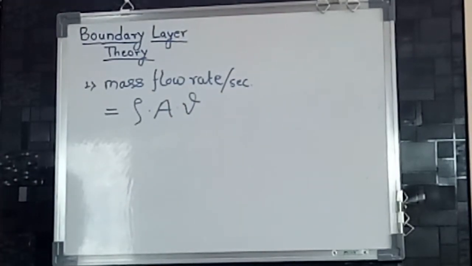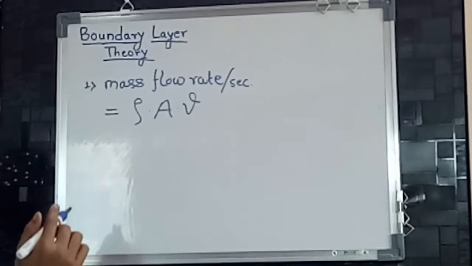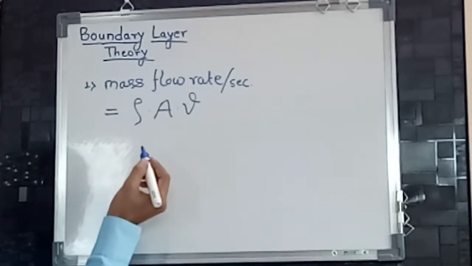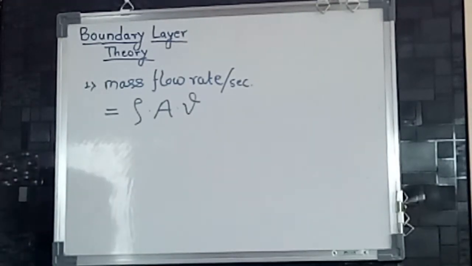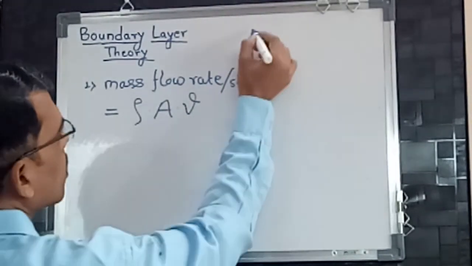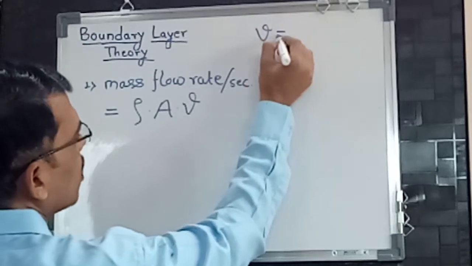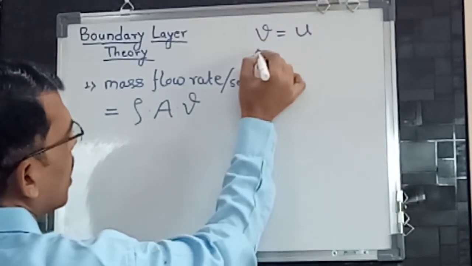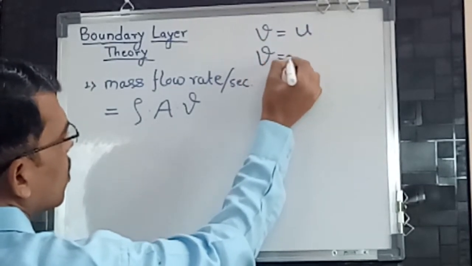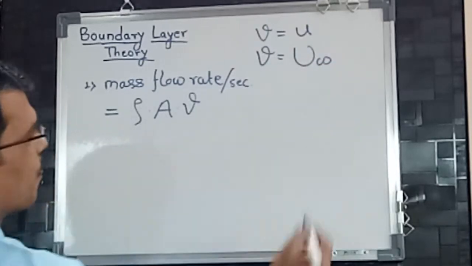Is that clear? Now see, if suppose we are providing some plate, at that time what will happen? Small u will be there. So here v equal to u and this v equal to infinity.